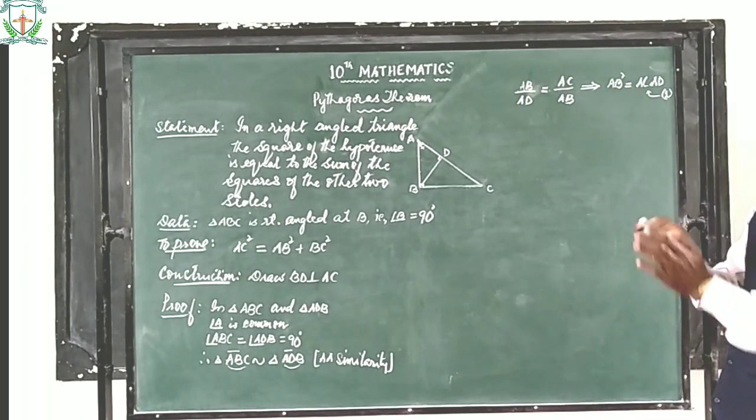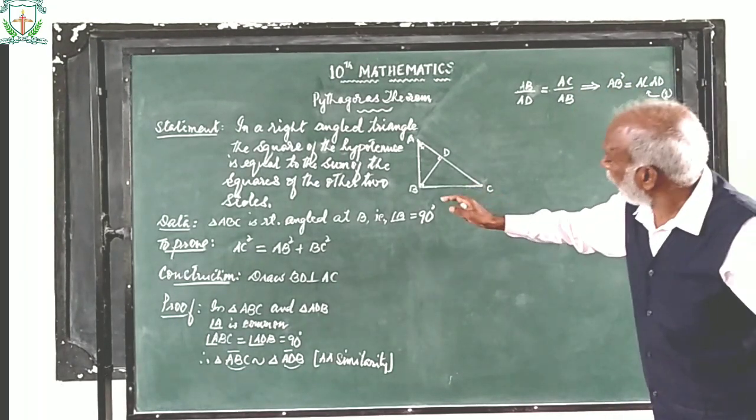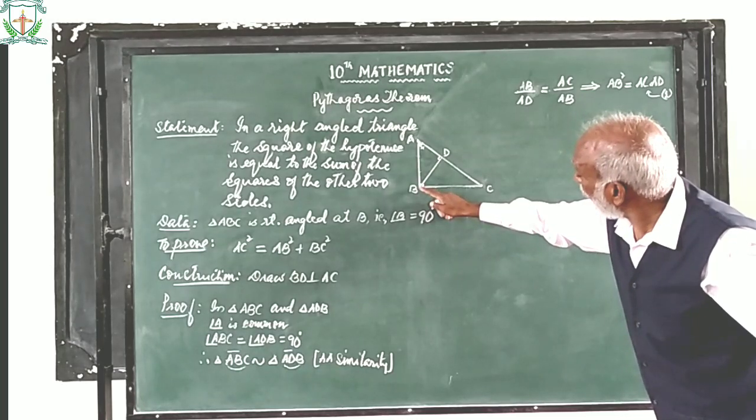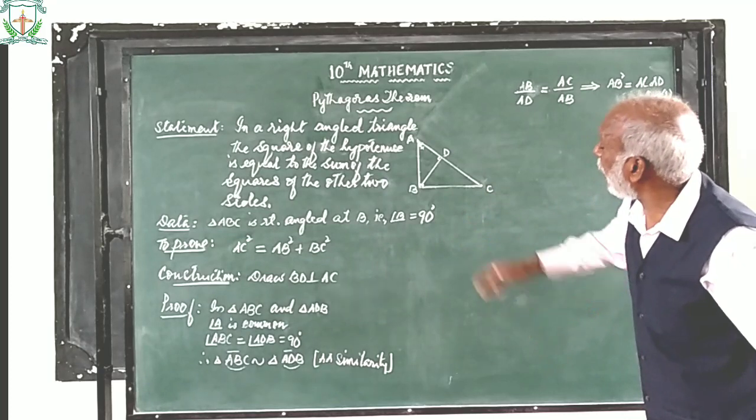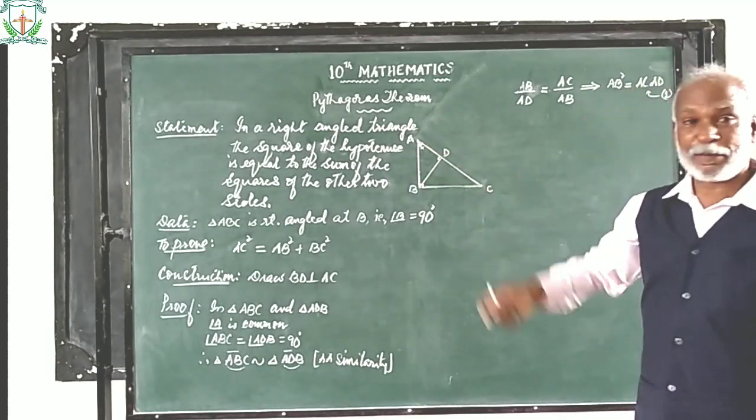Now let us consider triangle BDC and triangle ABC once again.